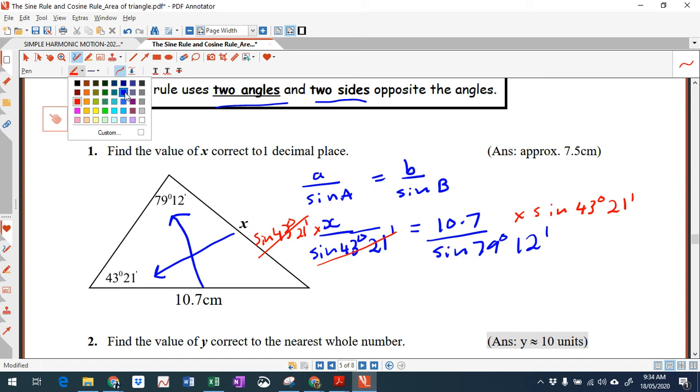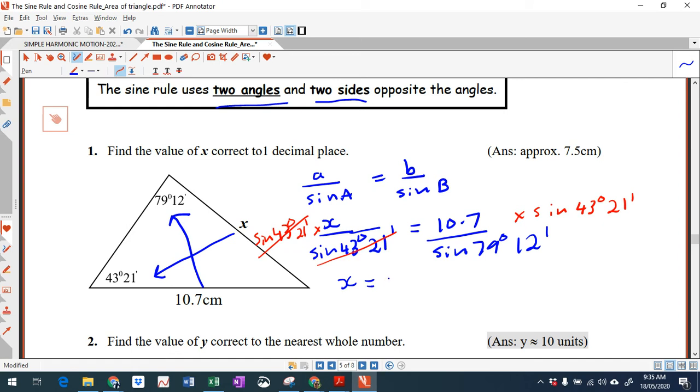Then x is equal to 10.7 over sine 79 degrees 12 minutes, multiplied by sine 43 degrees 21 minutes, which equals 7.47.